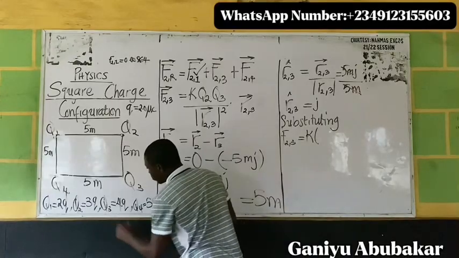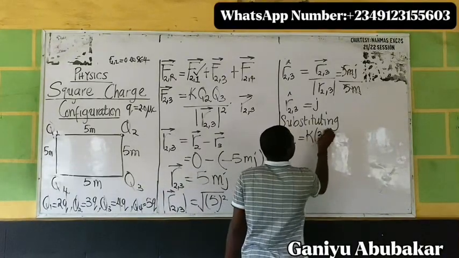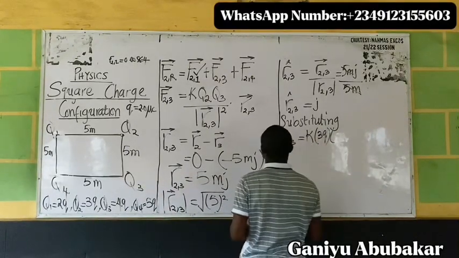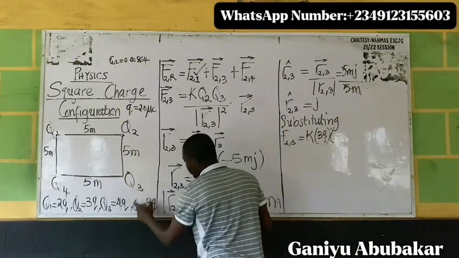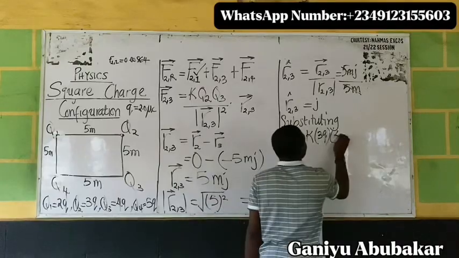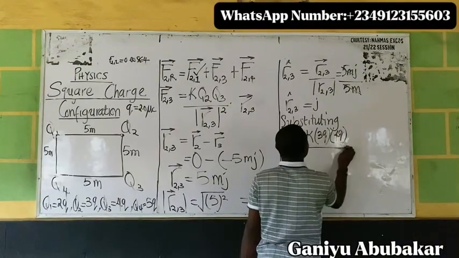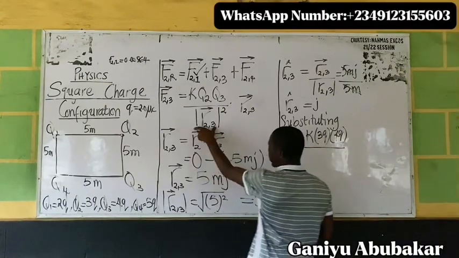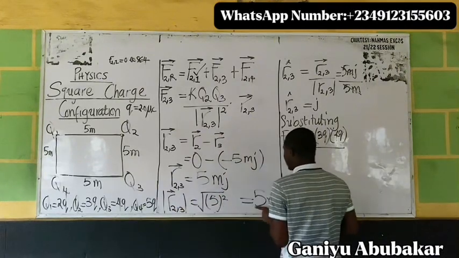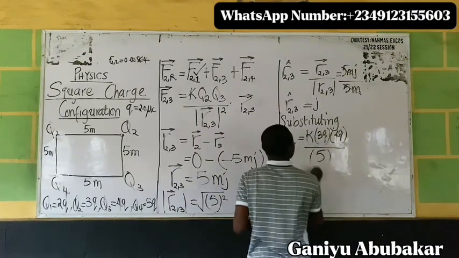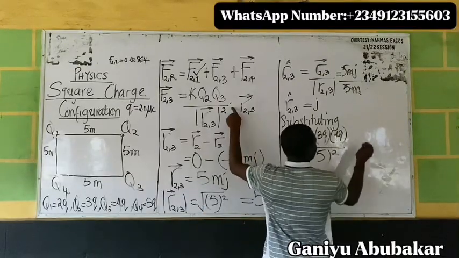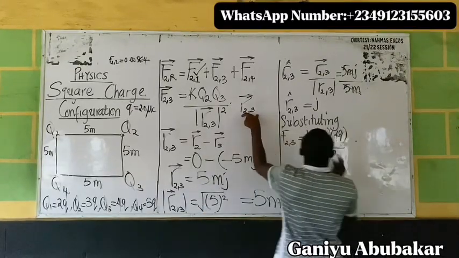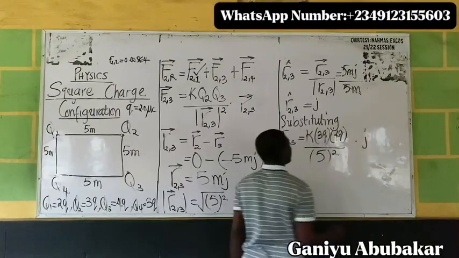Q2 is 3Q, into Q3. Q3 is 4Q. So 4Q all over this one here, the value is 5, and the square is here, dot the unit vector. This vector is J, so I have just J.